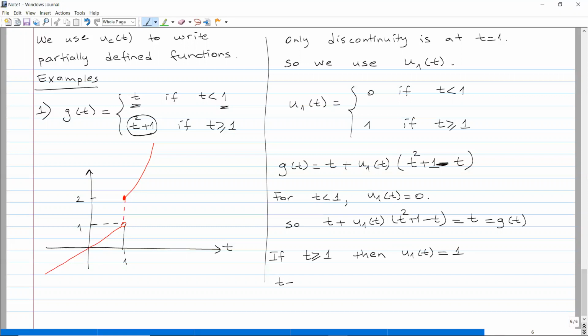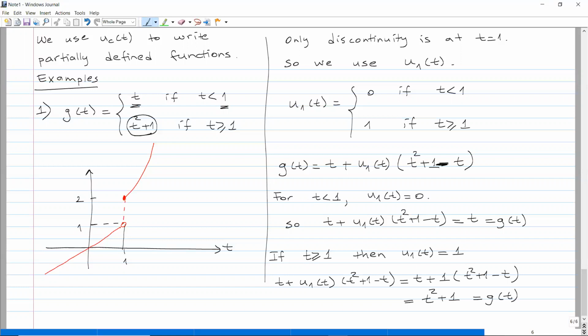So I have t plus (t squared plus 1 minus t). You see why I need the minus t here. This minus t cancels the plus t, so I have only t squared plus 1, which is my function g.